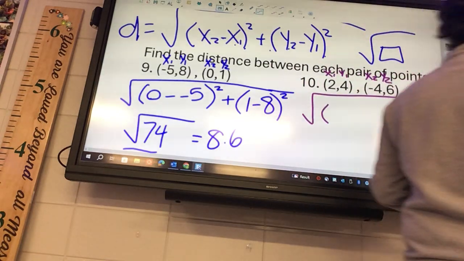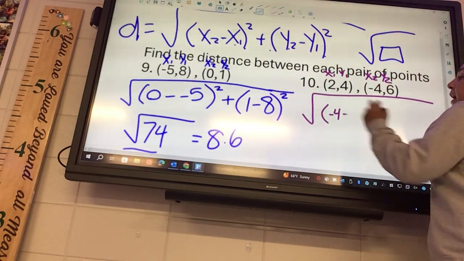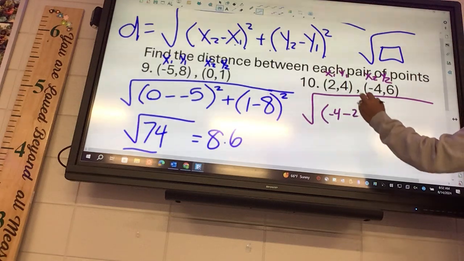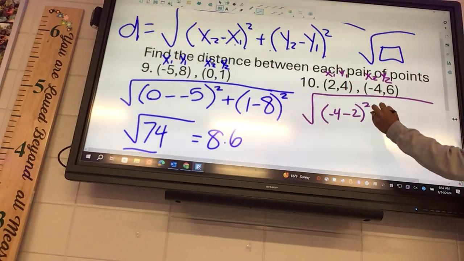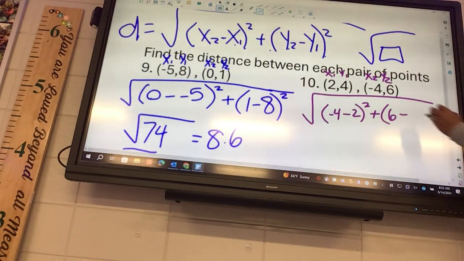Who is my x2? -4 minus my x1, which is 2. Close parentheses squared, plus another parenthesis, y2. Who's my y2? 6 minus my y1, 4. Close parenthesis and squared.